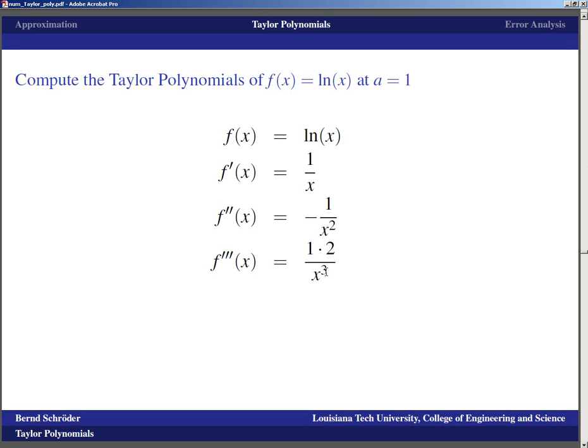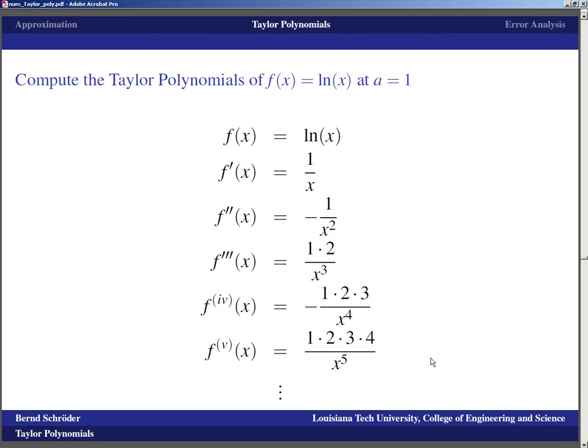So the fourth derivative will be negative. It'll have a 3 up here and a 4 in the denominator. And so the fourth derivative is negative 1 times 2 times 3 divided by x to the fourth. The fifth derivative, again, the sign goes back to plus. The fifth derivative is 1 times 2 times 3 times 4 divided by x to the fifth, and so on.